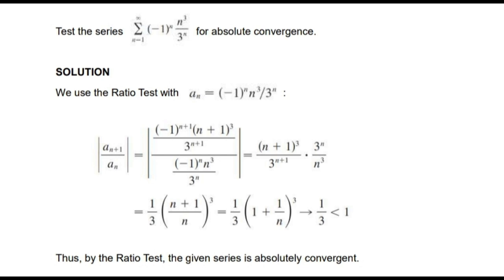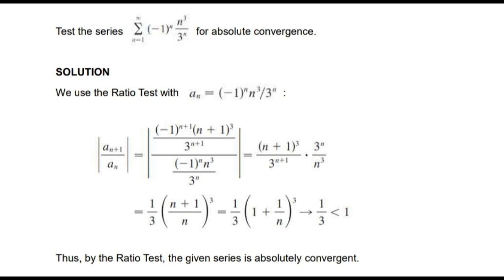For our a sub n, we know that it is equal to negative 1 raised to n times n cubed over 3 raised to n. To simplify this operation, we get its reciprocal. For simplification, we now have n plus 1 cubed over 3 raised to n plus 1 multiplied by 3 raised to n over n cubed.